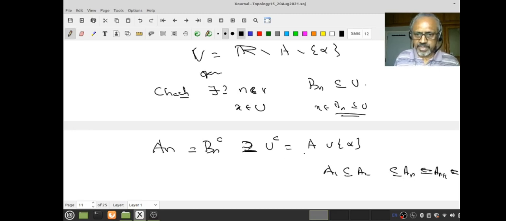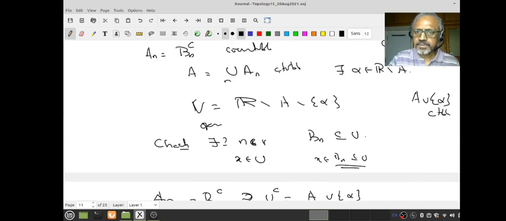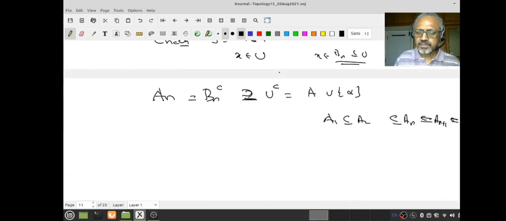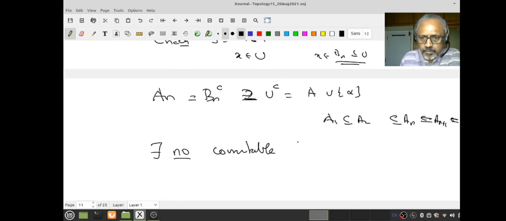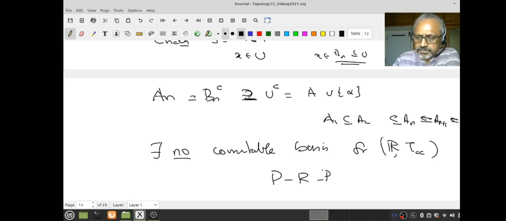But I chose an alpha which is not in A. You see that? Therefore this contradiction shows there exists no countable basis for R with co-countable topology. Pause, review, proceed.